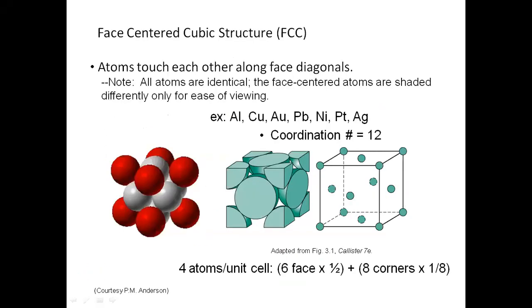The face-centered cubic structure, FCC. So like I said earlier, with the FCC, we have atoms on the faces of your cubes. Okay, the face-centered cubic system. The atoms touch each other along the face diagonals.